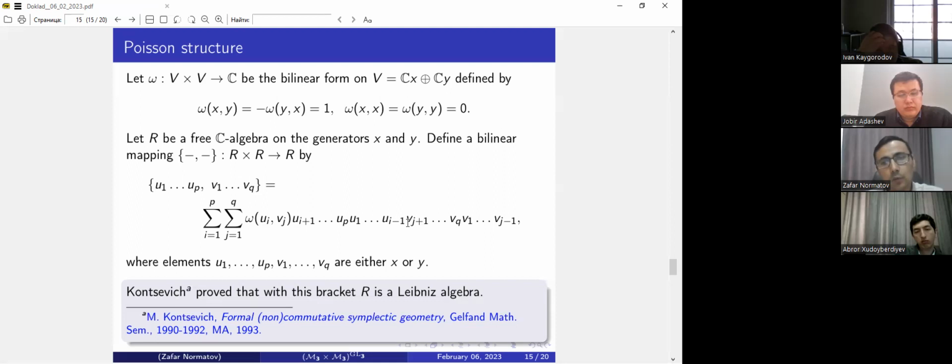Then for the second word, Vj plus 1 to Vq, V1, to Vj minus 1. Actually, in 1993, Kontsevich proved that with this bracket, the free algebra R is a Leibniz algebra.